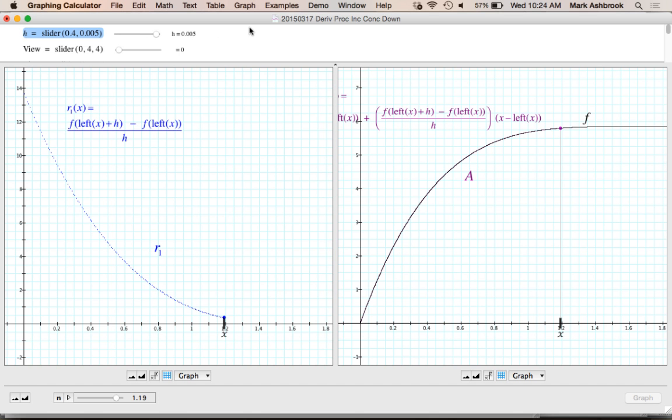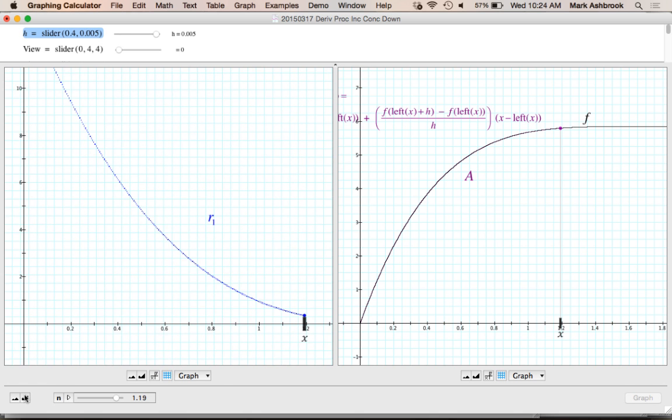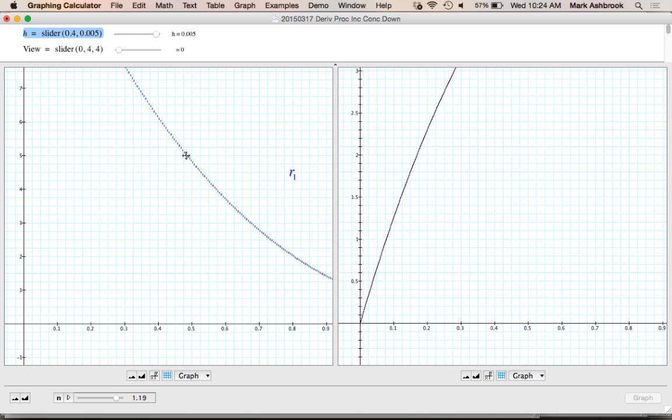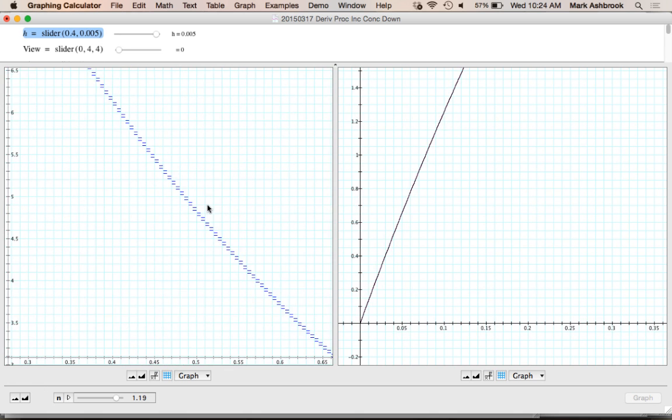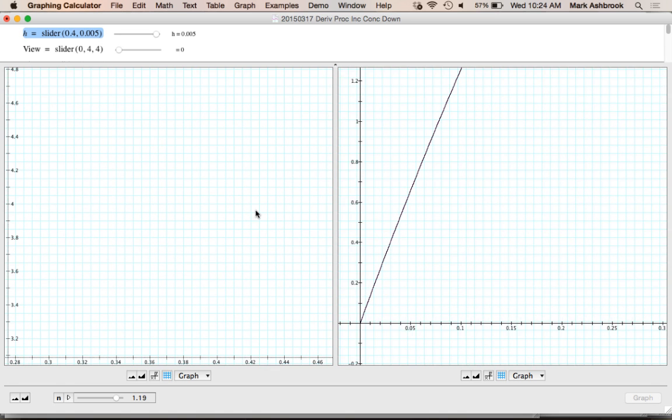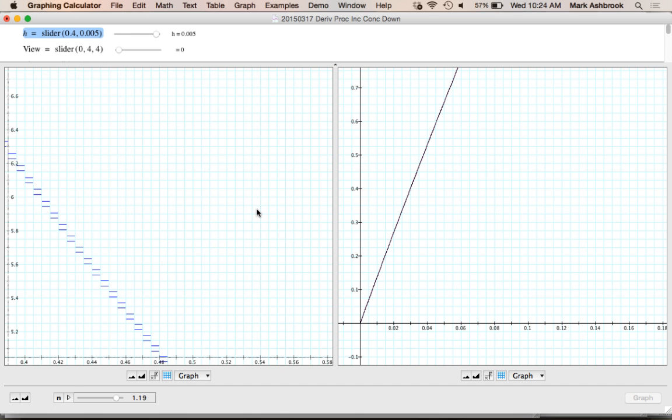So what's the smallest h I have here? There's h of 0.005. But if I zoom in, look what happens. Double vision.